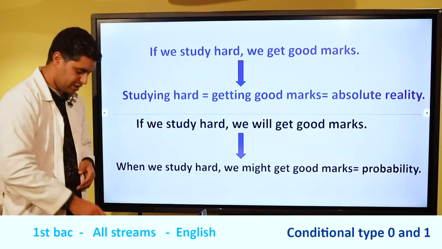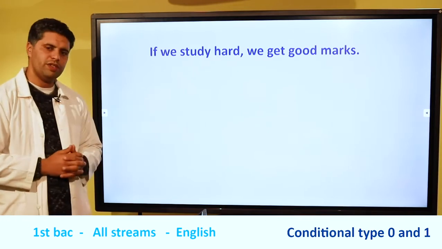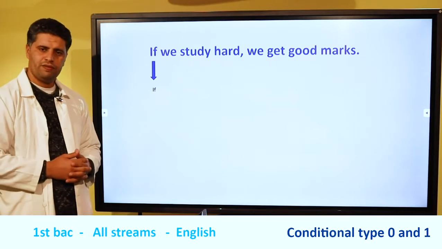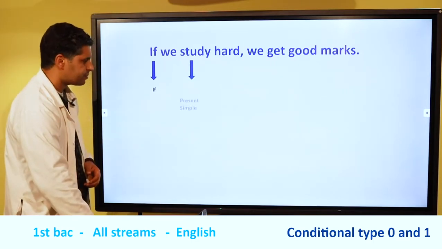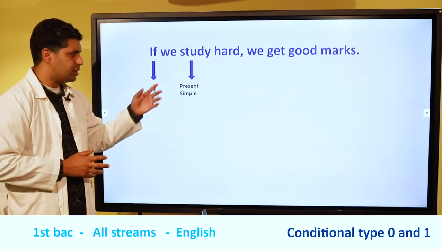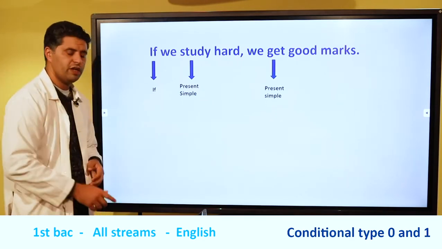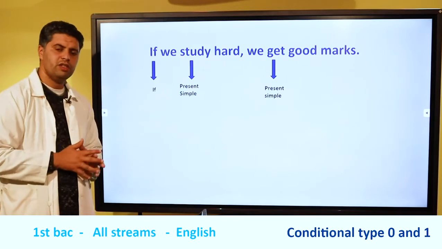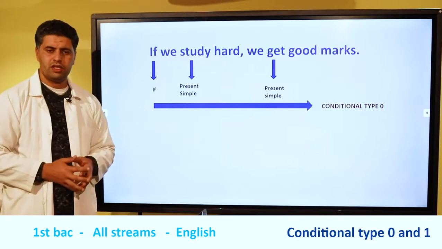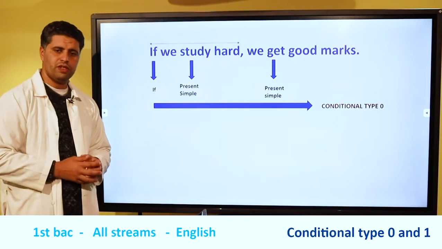So now let's study the structure of the two statements. Let's take the first one. Here we have the conjunction if, and we have the present simple. Here we have the verb study, and the verb to study is used in the present simple. And here we have the present simple in the second part of the statement. Great. So this one is the conditional type 0, which consists of two parts.